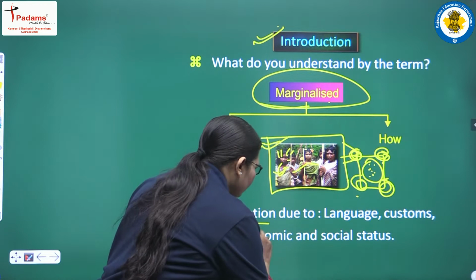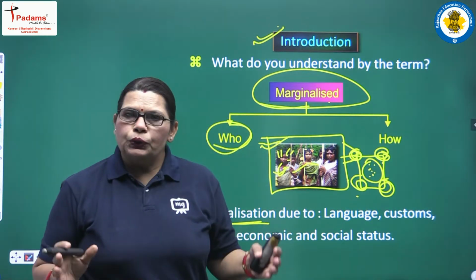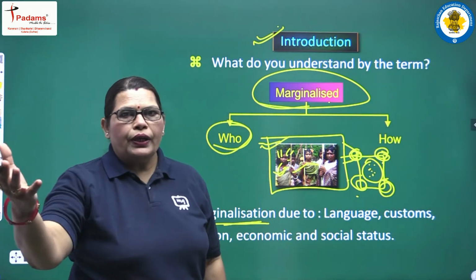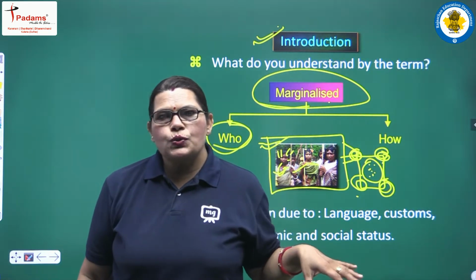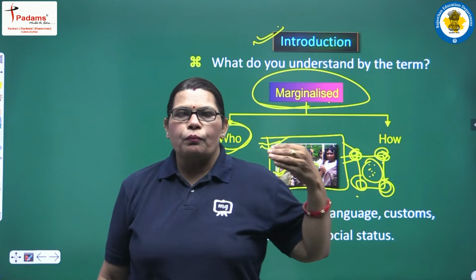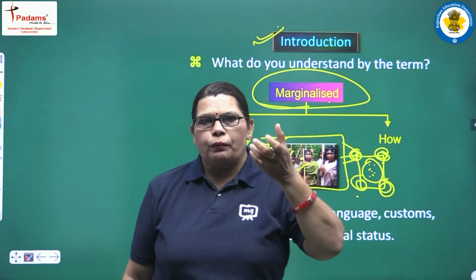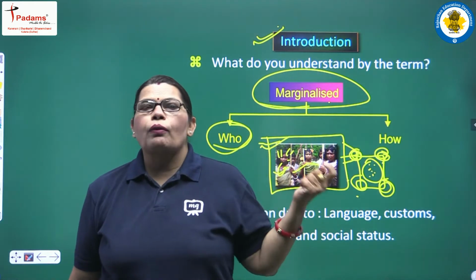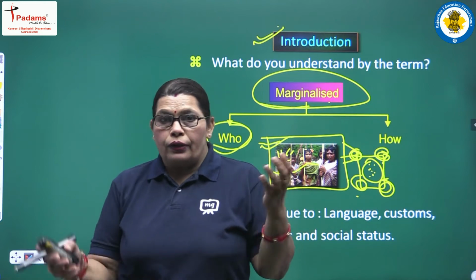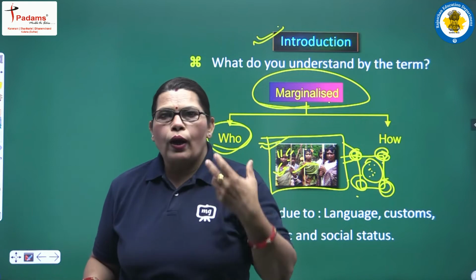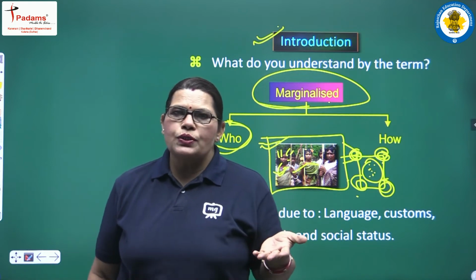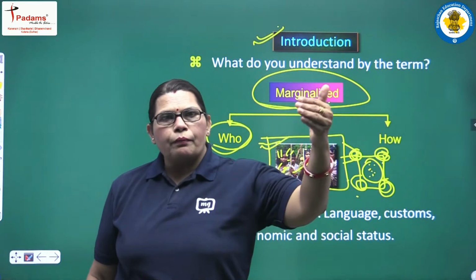See, marginalization can be due to language. When you have 20 students in your class, and among these 20, 3 are from a different language background, maybe Tamilians or Punjabis, and you don't know English or Hindi, then who is marginalized among these 20 students? The 3 of them.